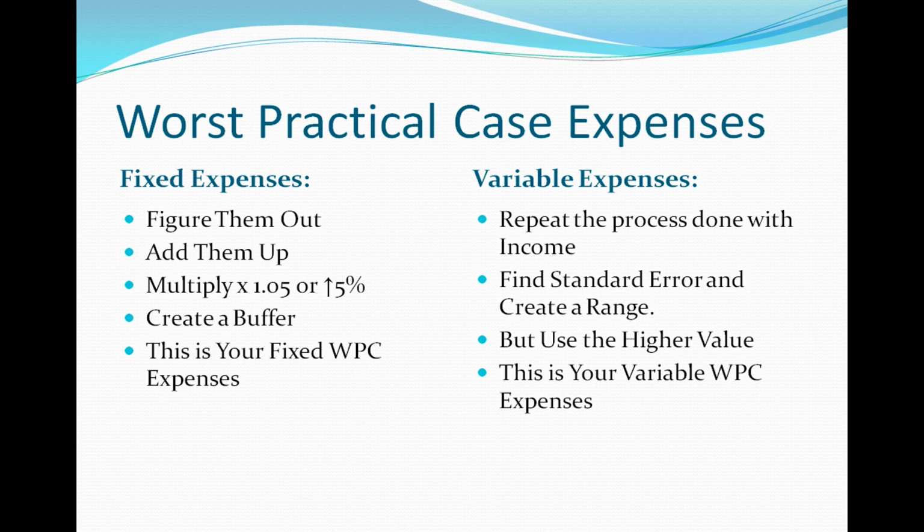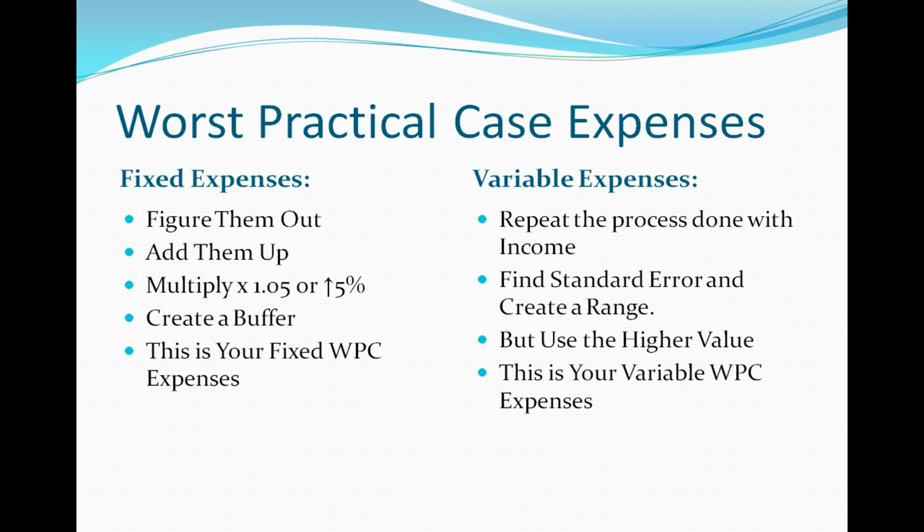You may be wondering, why do you need a buffer? Alex, you were talking about not using a buffer, but actually doing it using standard deviation and all that kind of stuff. But you've got to remember, fixed expenses don't tend to fluctuate, but we also want to give ourselves a little bit of wiggle room.